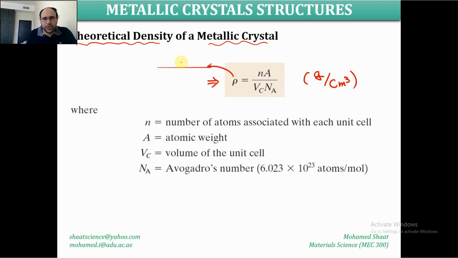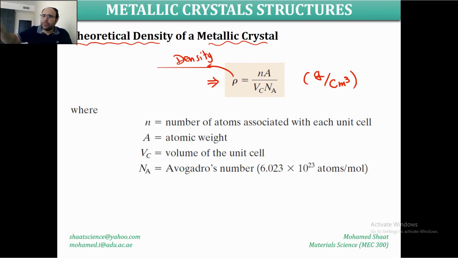So this rho is the density value for the material that depends on the crystal structure, and it equals n. What is n? This is the number of atoms associated with each unit cell of this material. As we mentioned, the FCC crystal structure contains 4 atoms. So if the material has an FCC crystal structure, its n value equals 4.